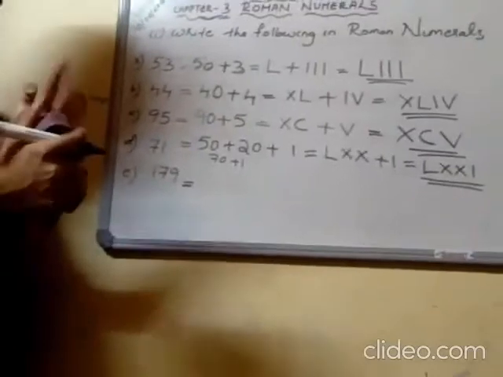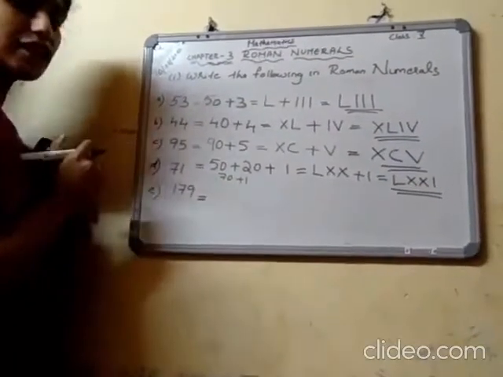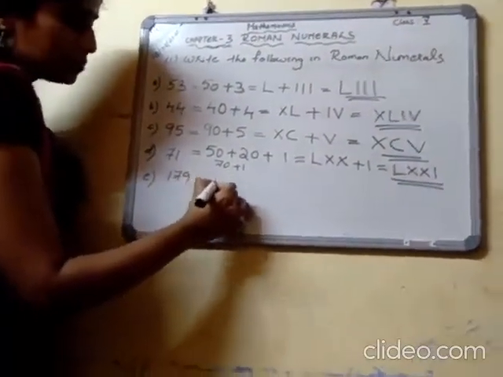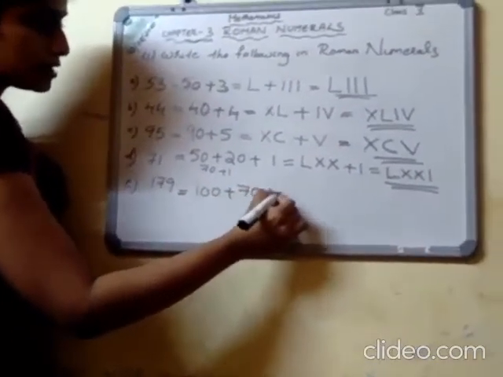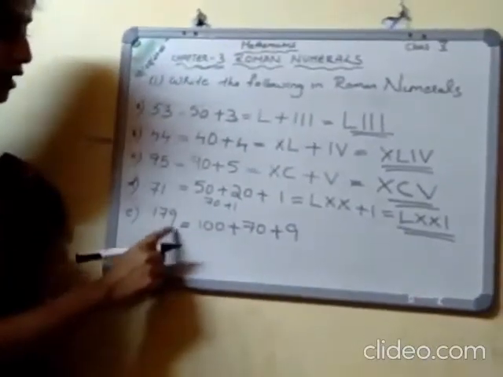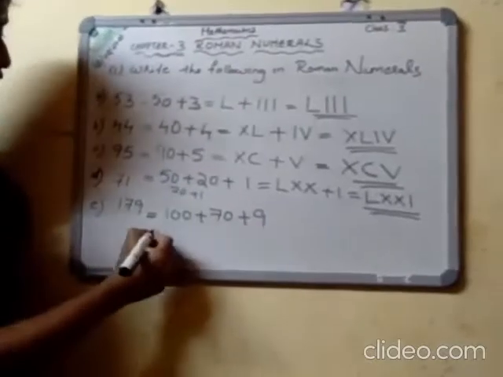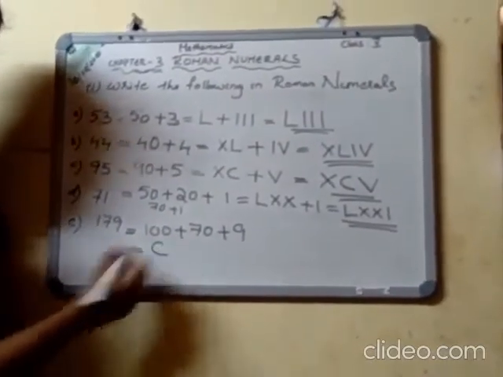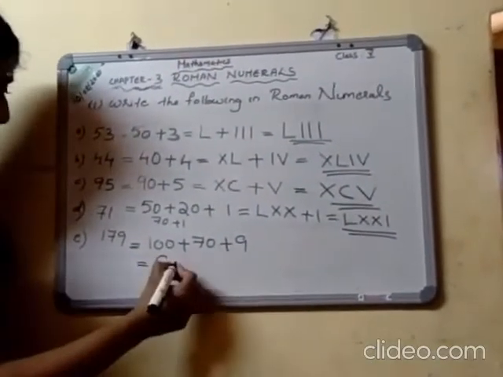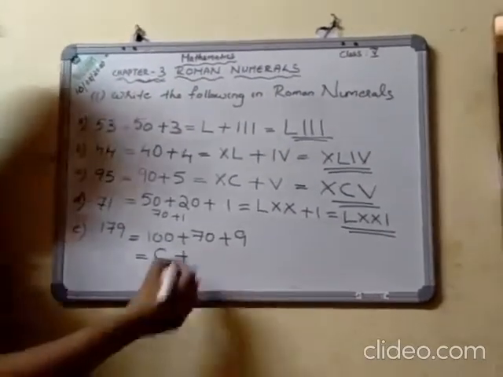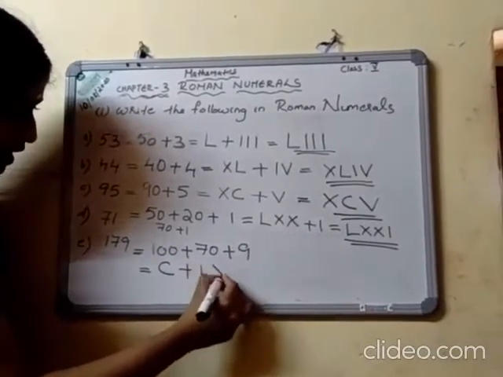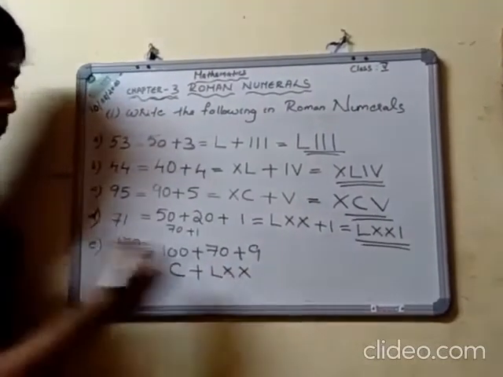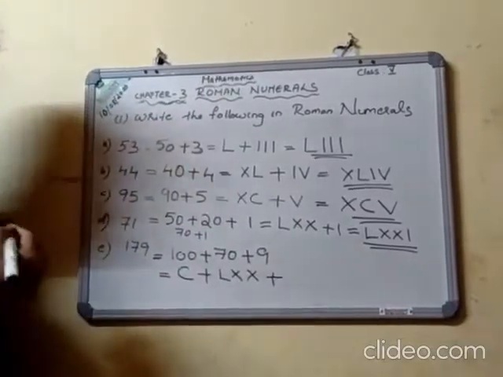Now tell me, how can you write 179? 179 can be written as 100 plus 70 plus 9. And you know the representation of 100: 100 can be represented by C. Plus 70, which means 50 plus 20, so L and two X's. Plus 9.